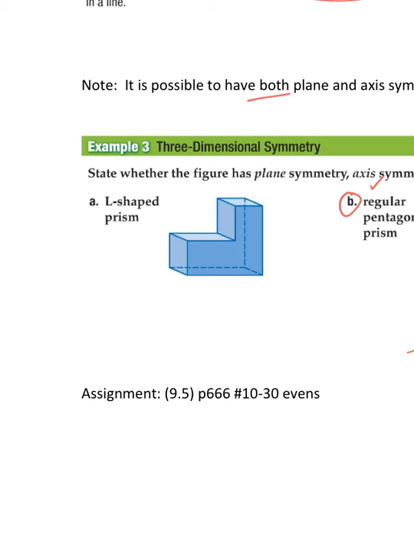If we think about cutting it here, this bottom rectangle is obviously much larger than this top, which almost looks like a cube. Not identical pieces, so not a plane through there at least.